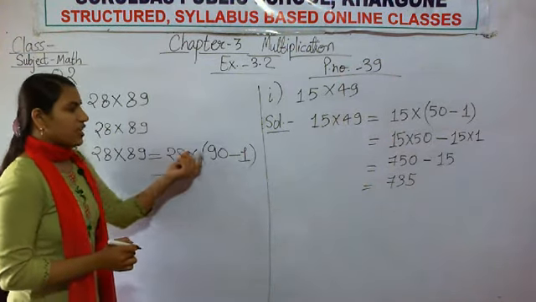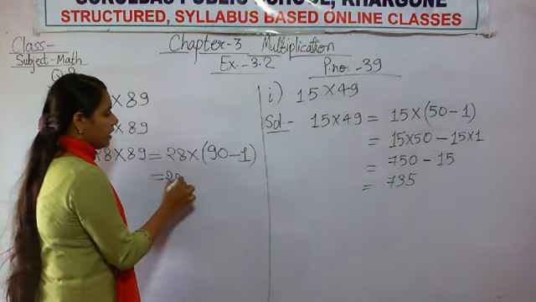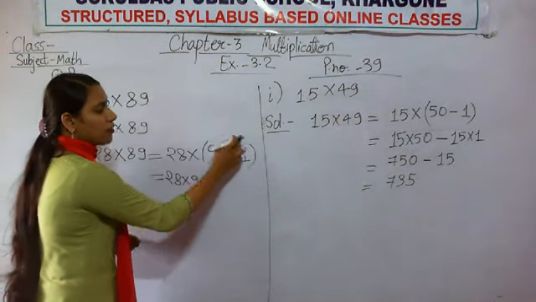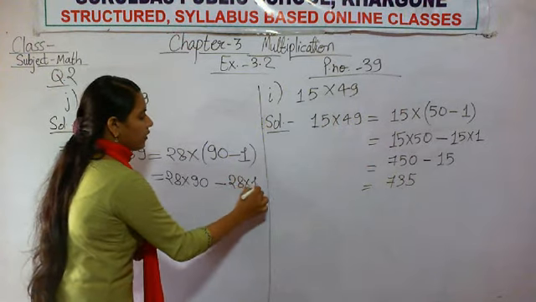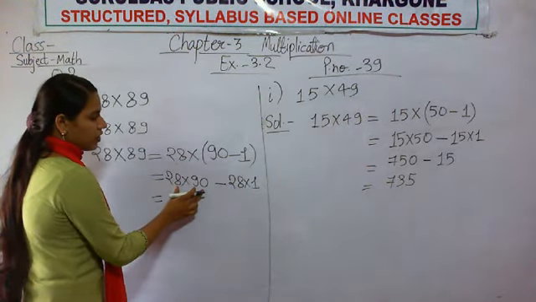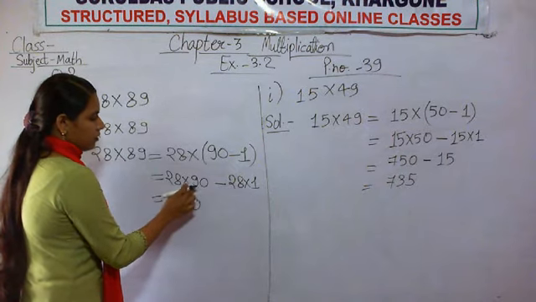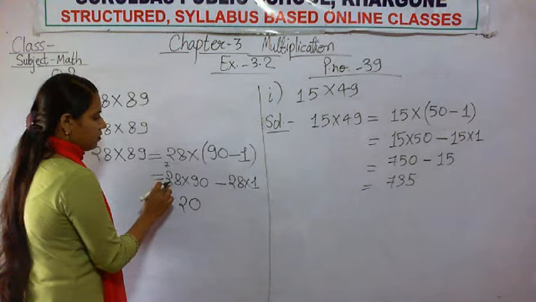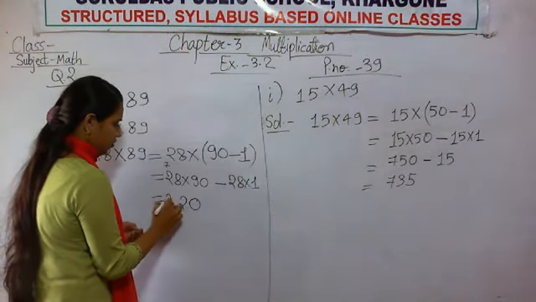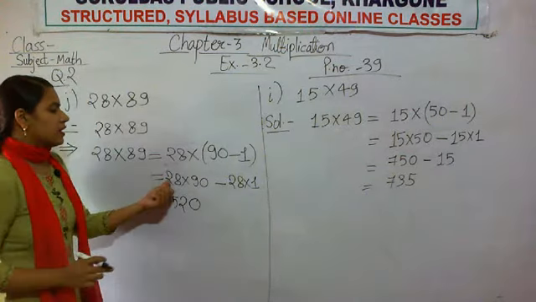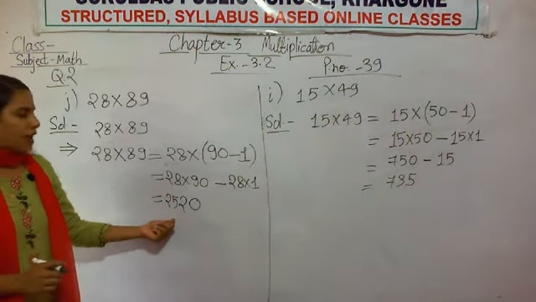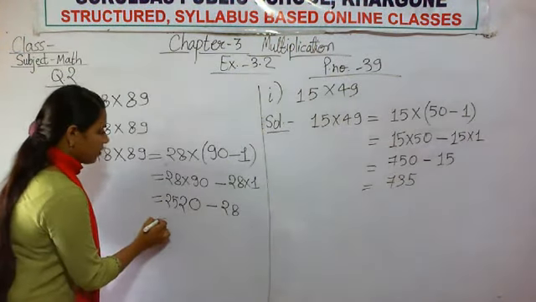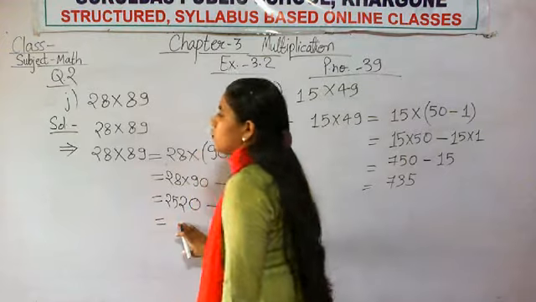Now multiply 28 by 90 first, then put this minus symbol. Now multiply this 28 by 1. Now multiply both the numbers. Okay, so when I multiplied 90 with 28, my answer is 2520 minus 28. Now subtract 28 from this.